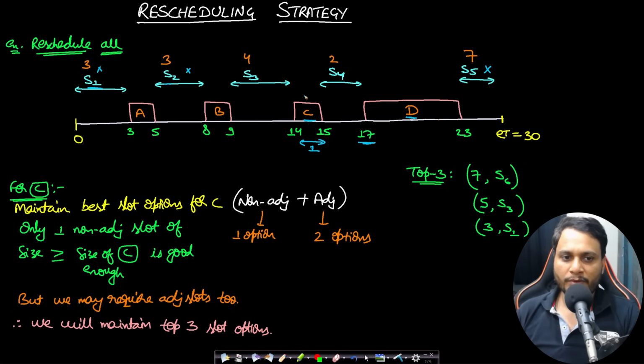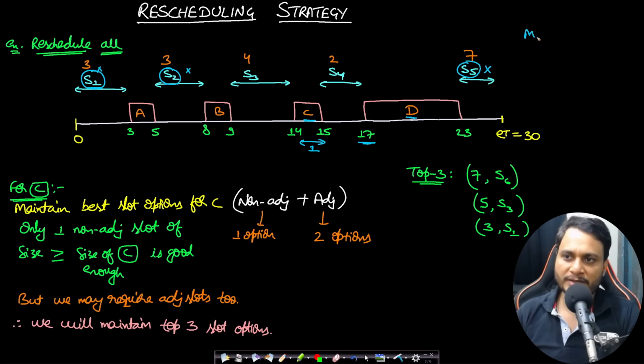Okay, so how do we track which slot a meeting should go to? If I think about where this C should go, you think about the non-adjacent slots, and I can put it in any of the non-adjacent slots. But in order to optimize my number of comparisons, will I be choosing from the smallest slot? No, it does not make sense.